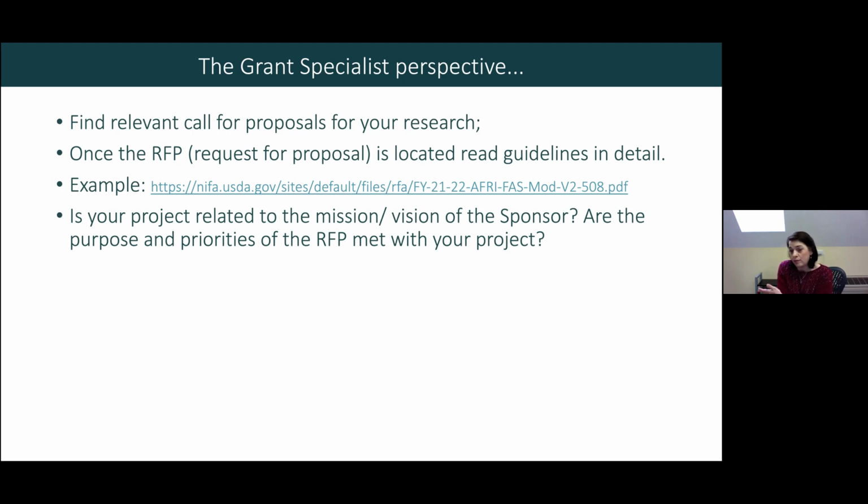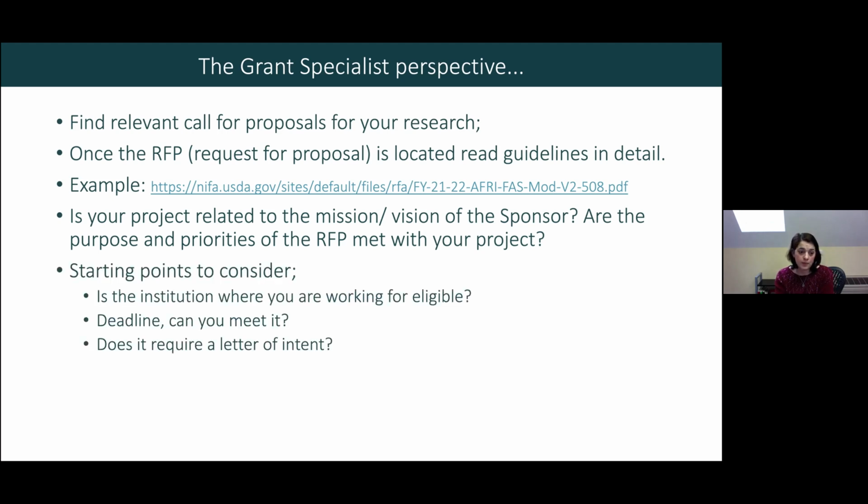And as Dr. Ciampitti was explaining, how are you going to align your outcomes to those final expectations of the sponsor? Another thing is, are your research or the expectations of what your project is intended to do aligned to that call? Is this one of the priorities that they're looking for? This is also something to think about while writing.